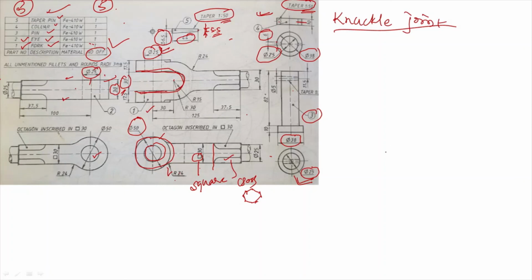Now, if I want to draw the diagram, we'll just draw the diagram here. What is the first part? The first part is a fork. Now we'll draw the fork here.